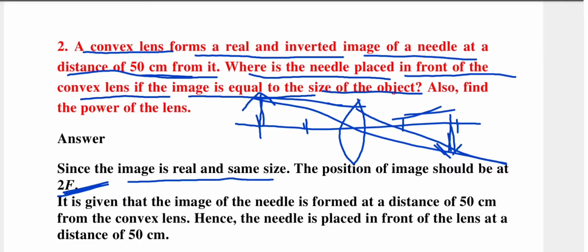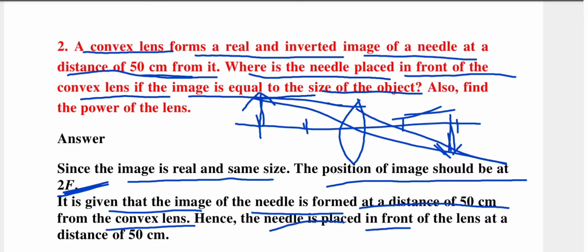Since the image is real and of the same size, the position of the image should be at 2f. It is given that the image of the needle is formed at a distance of 50 centimeter from the convex lens. Hence the needle is placed in front of the lens at the same distance, that is 50 centimeter.